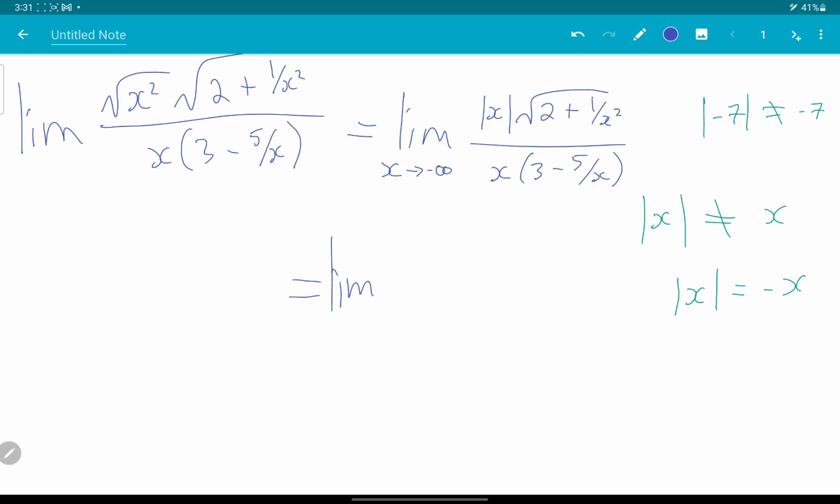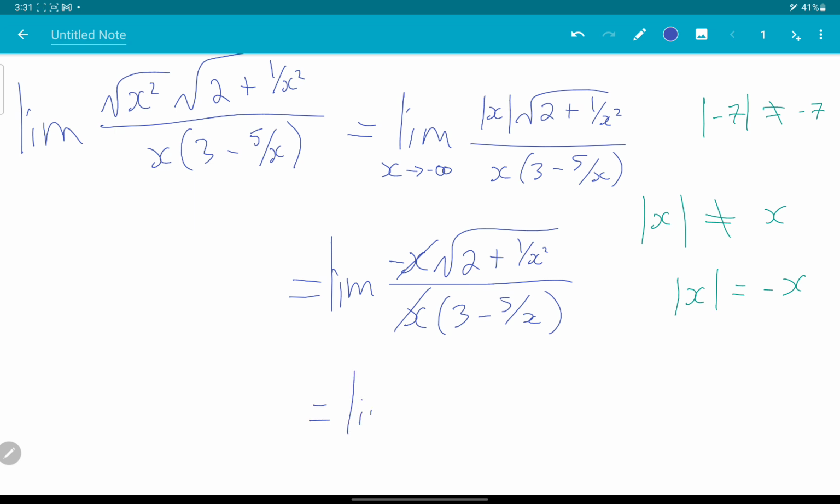So this absolute value here is negative x on top, root of 2 plus 1 over x squared. Now I can cancel my x's and take away my problem, which was having infinity over infinity. Okay, that issue is gone now.